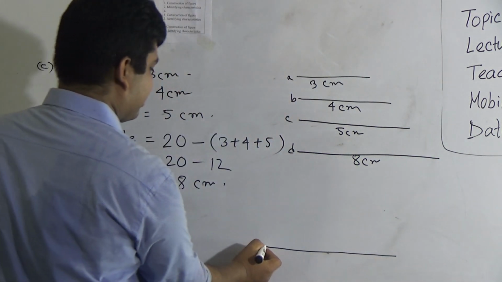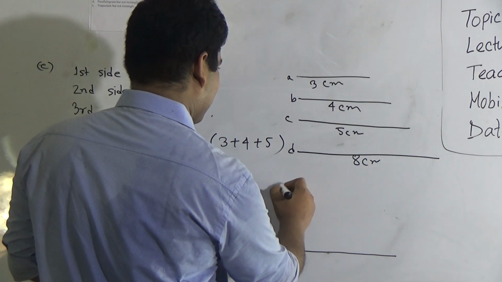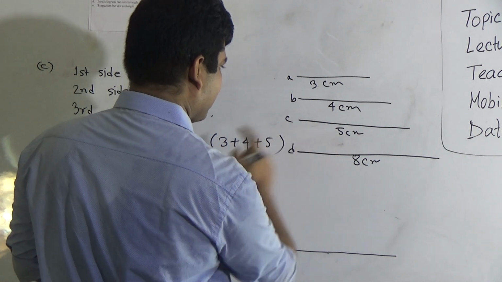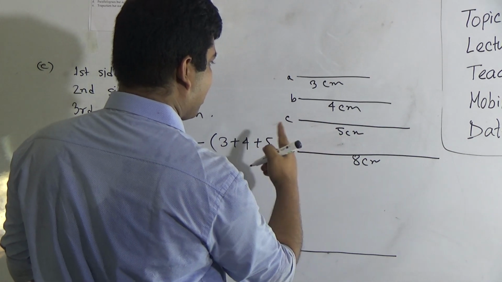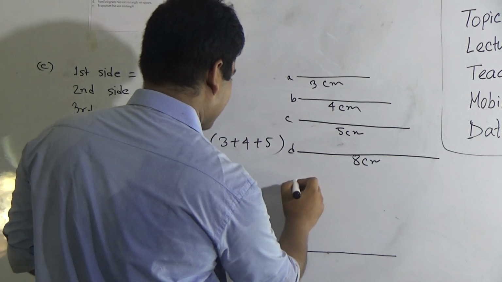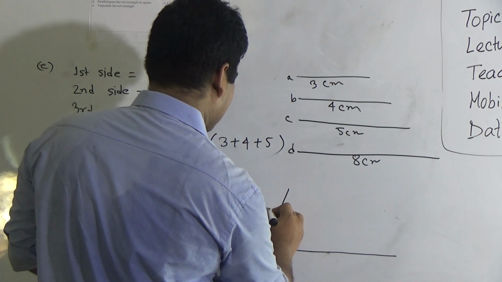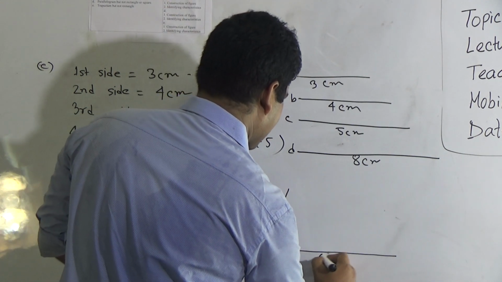After that, here you draw an angle, any type of angle, by using 3 centimeter, that means A. So this is 3 centimeter, this is 8 centimeter.